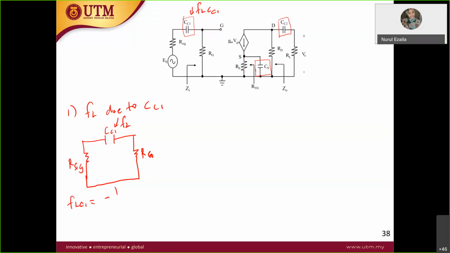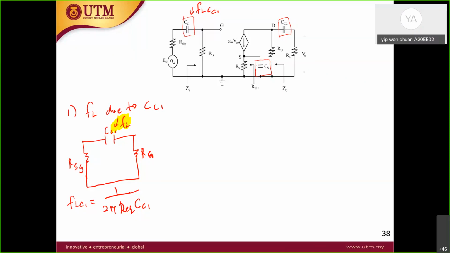In this case, FLC1 is equal to 1 over 2 pi R equivalent CC1. What is the R equivalent over here, that you see from here? R signal parallel RG? No, series.